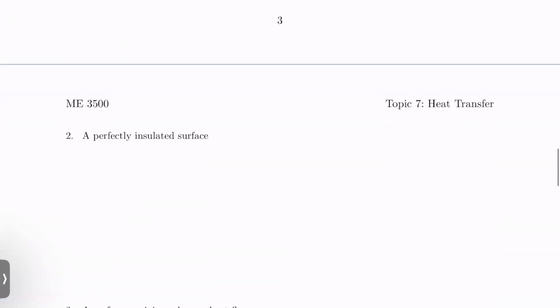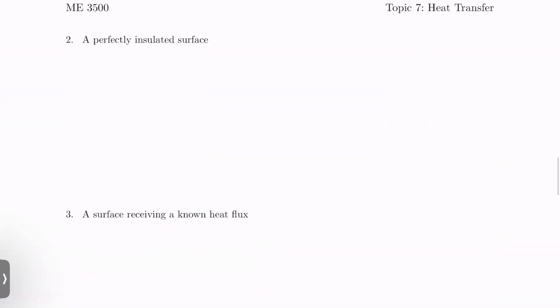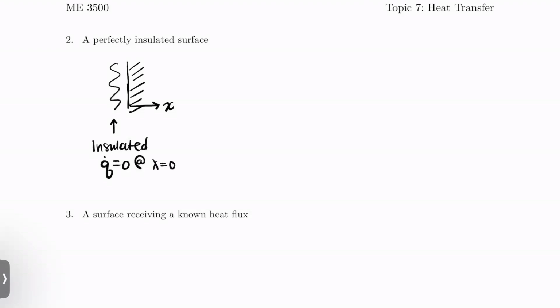Another situation you could have is a surface that is perfectly insulated. A perfectly insulated surface means that there's no heat flux through it. So if this is our body, and this is our x direction, we would assume that this is insulated on this side, which means that q dot equals 0 at x equals 0.